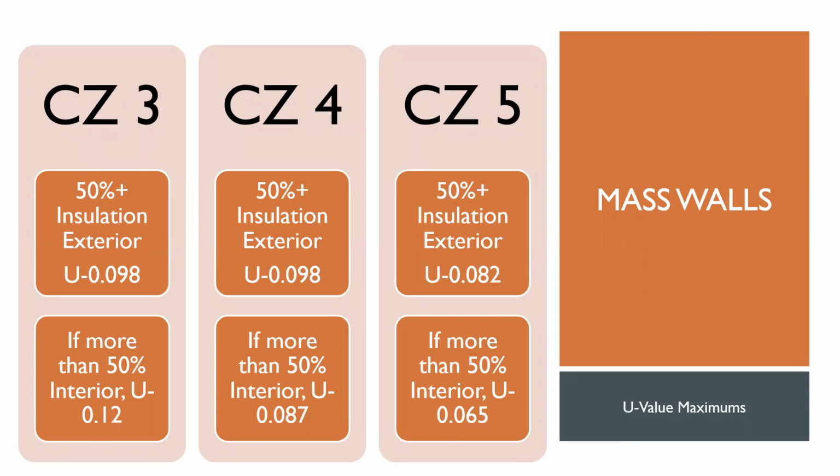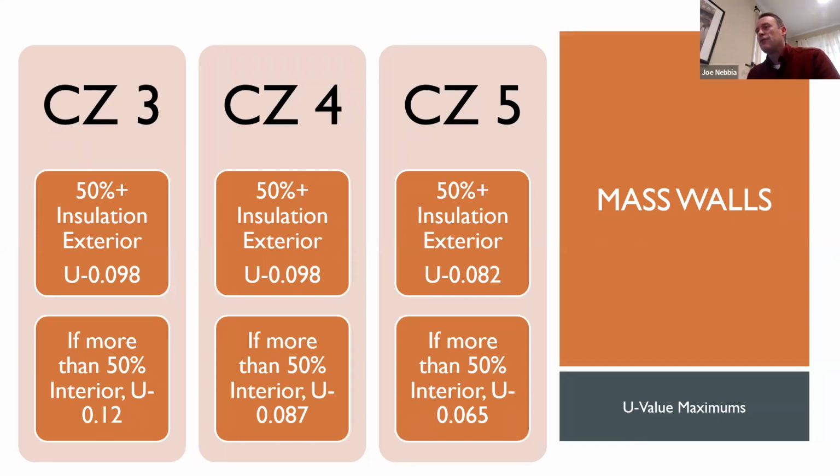And Joe, can you just describe a typical mass wall for the audience? Yeah, that could be anything from a timber frame wall to a brick wall that's not veneer, to a masonry block, to a poured concrete, to an ICF wall.